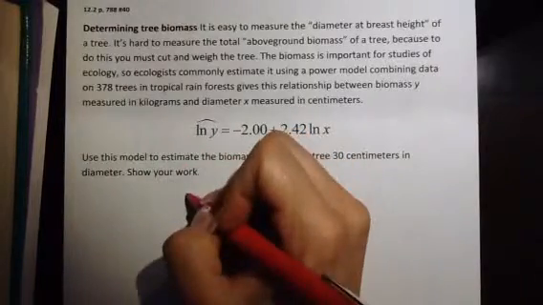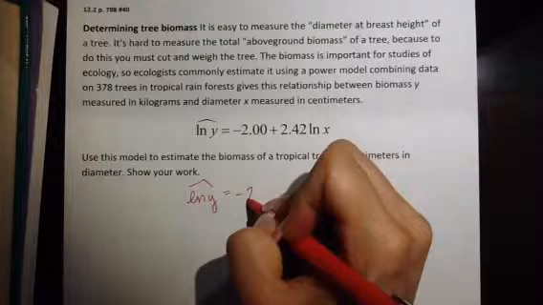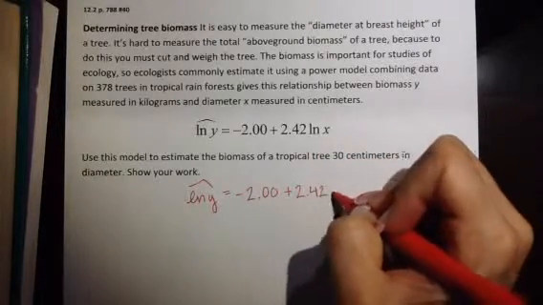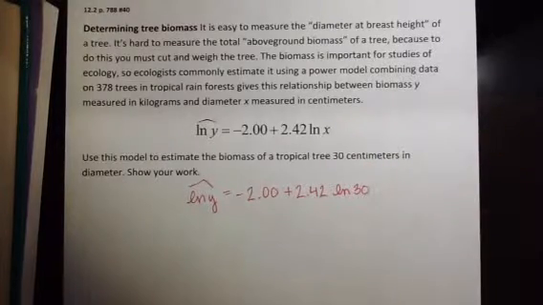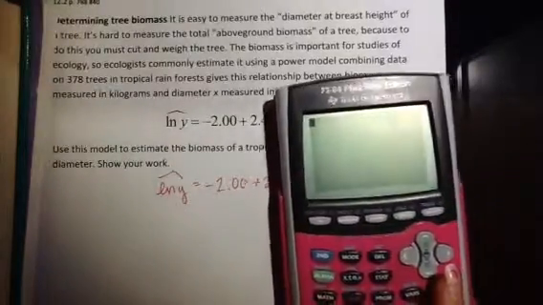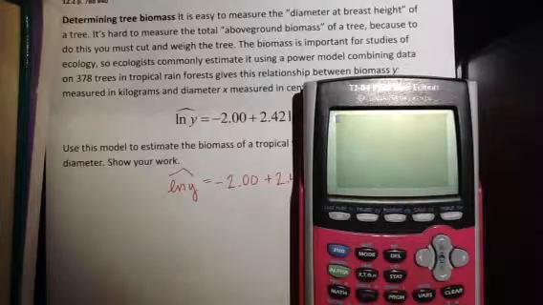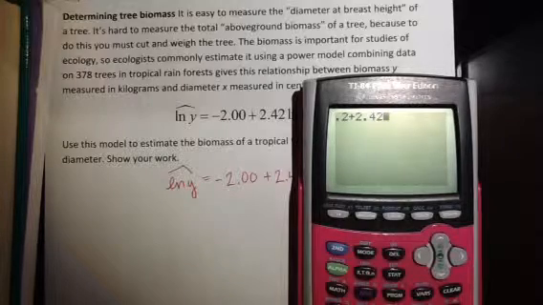So when I plug in X, we're taking the natural log of our X of 30. So I'm going to go to my calculator, and we have -2 plus 2.42.